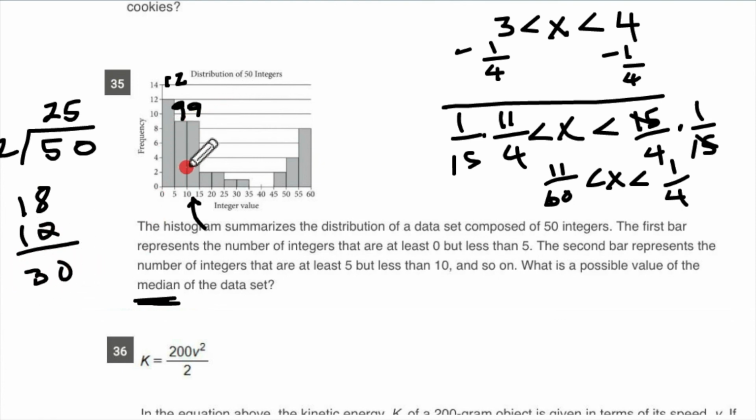So it has to be somewhere between 10 and 14 in order to get half of them. We can't take up to 15 because we only can do up to 25 of them, and this is 30. So yeah, if we got up to here, it would be too many. So 9 plus 12 is 21, and then we can use 4 more.